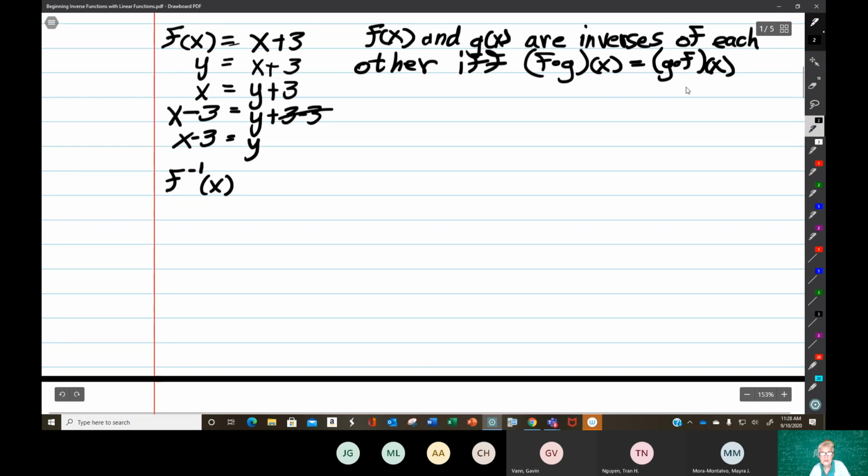That means they equal each other. And what they equal is x. Only x.